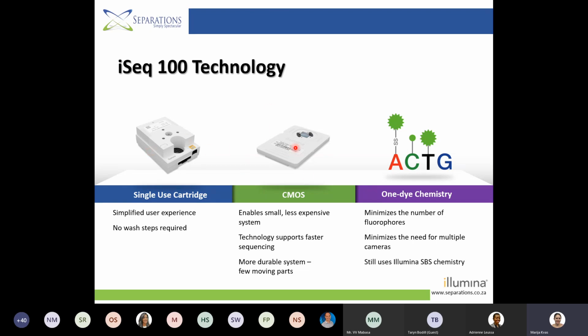They also came up with a new way of collecting the data and assisting the instrument to get the data, but also, because the flow cell is less complex, we had to look at a different kind of chemistry, where we look at the one-dye chemistry.